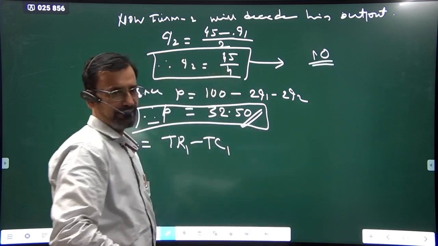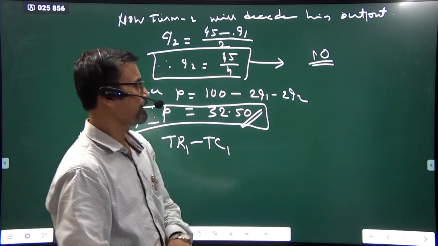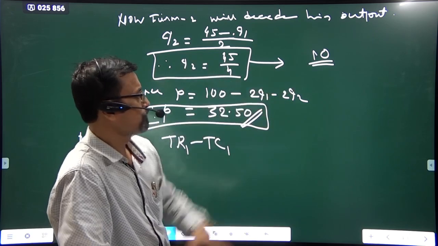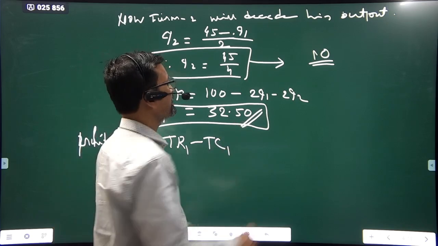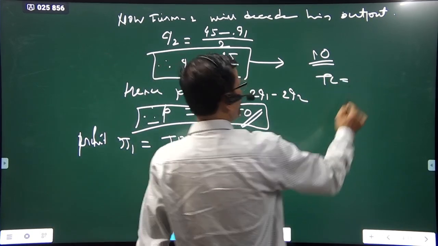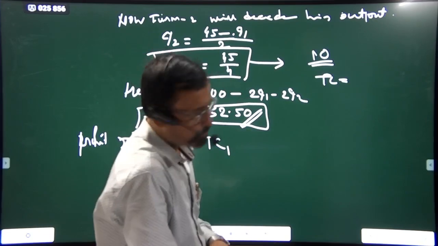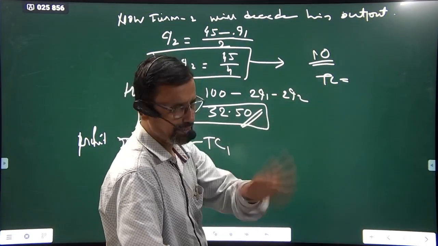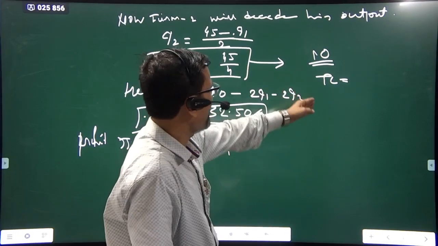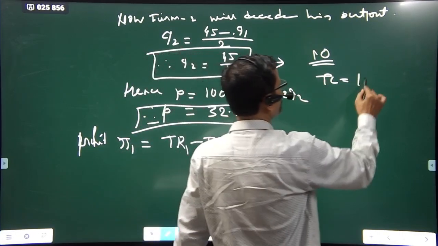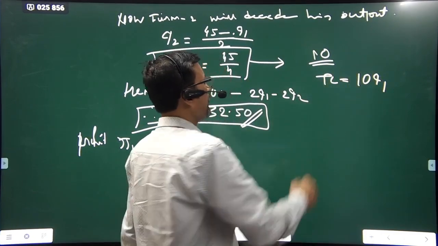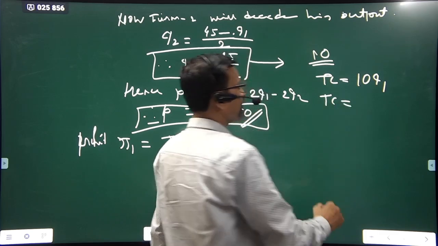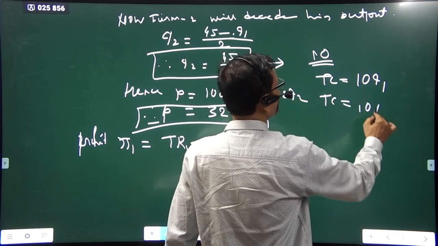When you apply the principle of integration to marginal cost, you get total cost: 10Q1 in case of firm 1, and 10Q2 in case of firm 2.